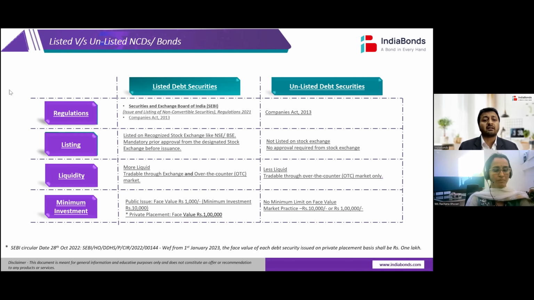But there is liquidity, where the exchange plays a very important role, because the majority of these bonds are traded or settled through the exchange, either through NSE or through NSE Clearing, the clearing corporation arm of NSE, which is a subsidiary of NSE. So these are tradable, which is over the counter again. In unlisted, there is liquidity, but relatively less.